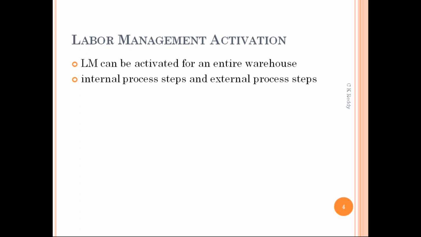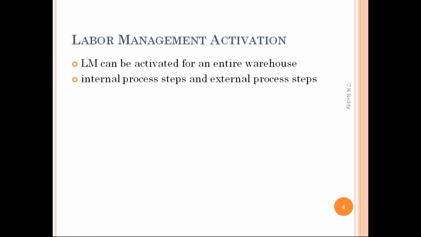Okay, but I don't want to capture any execution times or planned times against my kitting activity, or preservation activity. I want to go with only one activity for this labor management. But here our labor management is activated at internal process step. How? One option is there.